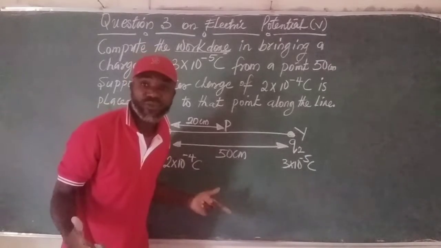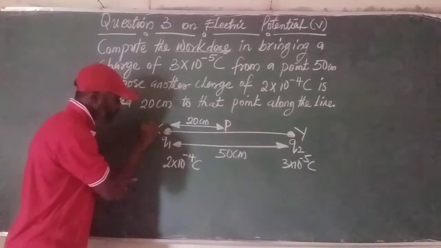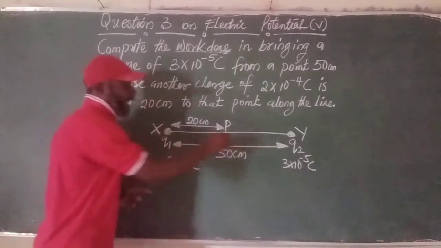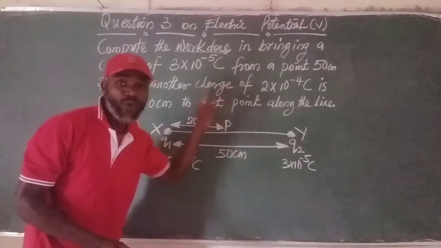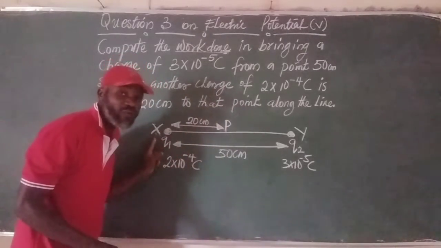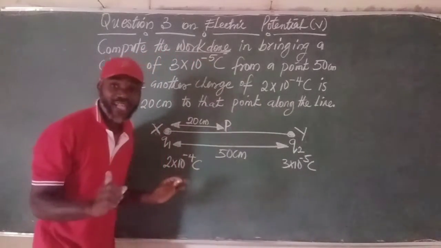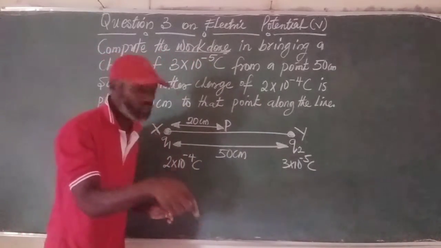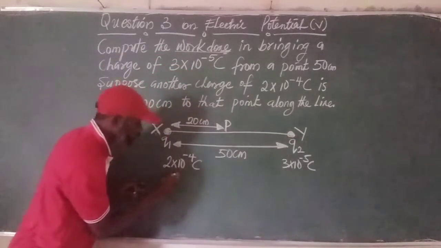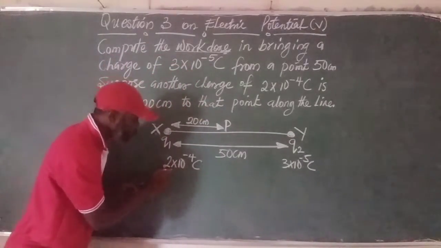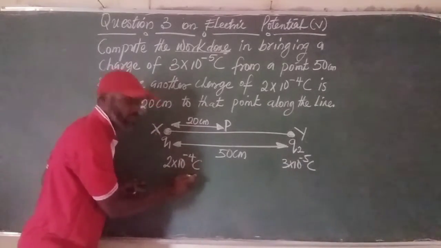What do we do? Very simple. We need to consider the potential difference between X and Y. For us to be able to solve that question, we need to consider the potential difference between X and Y. And to do that, we must take into consideration the potential at Y due to the charge 2 times 10 raised to the power minus 4 coulomb.